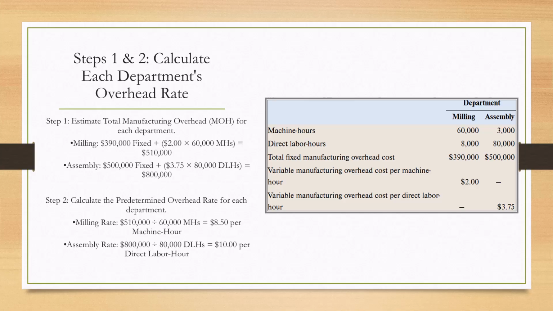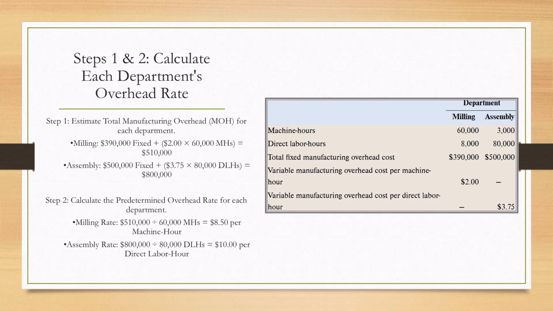Now let's get into the calculations for Dixon Company. The first step is to estimate the total manufacturing overhead, or MOH, for each department. For the milling department, we add its fixed overhead of $390,000 to its variable overhead, which is $2 per machine hour times the estimated 60,000 machine hours.